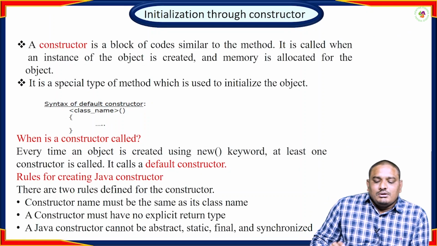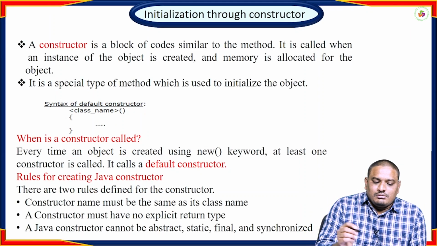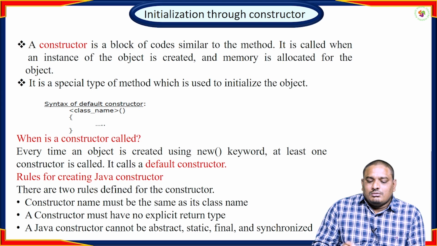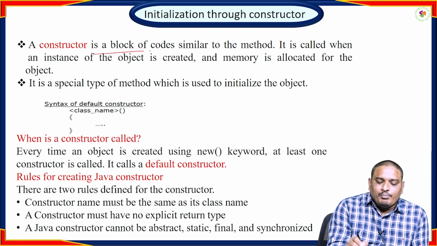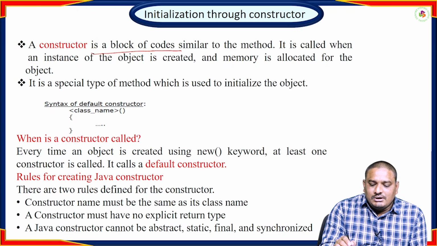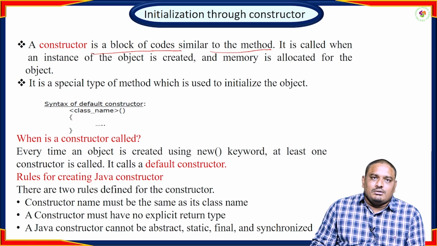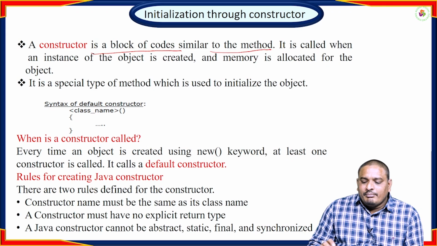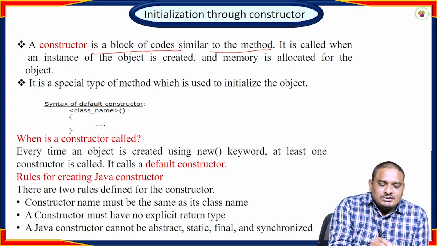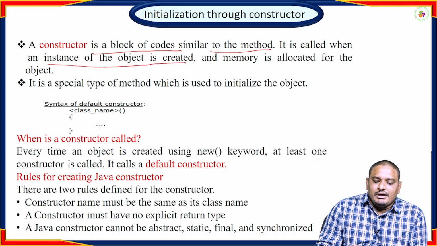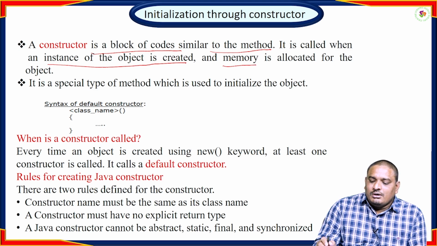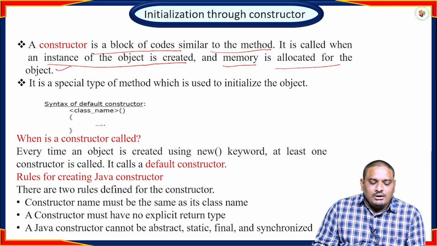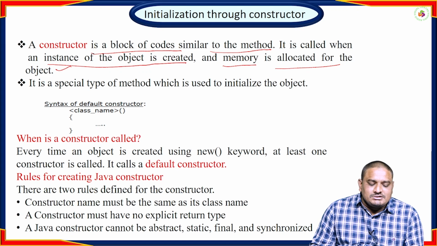Next one is initializing through a constructor. Before going to the constructor, what is meant by a constructor? A constructor is a block of code, similar to a method. It is called when an instance of the object is created and memory is allocated for the object. What is the syntax of a constructor?